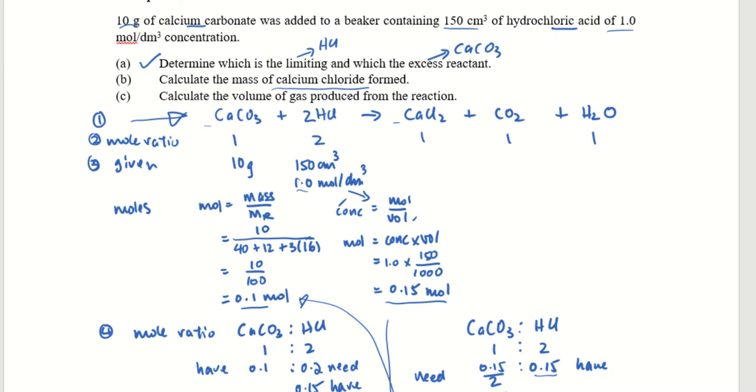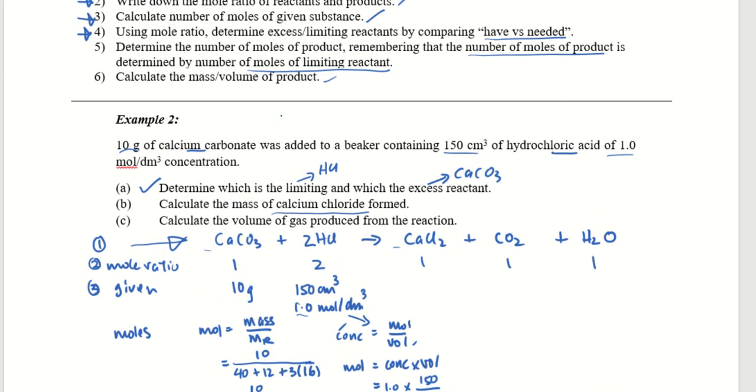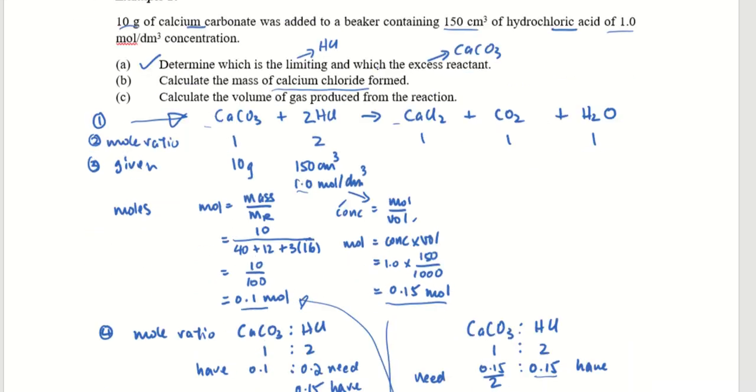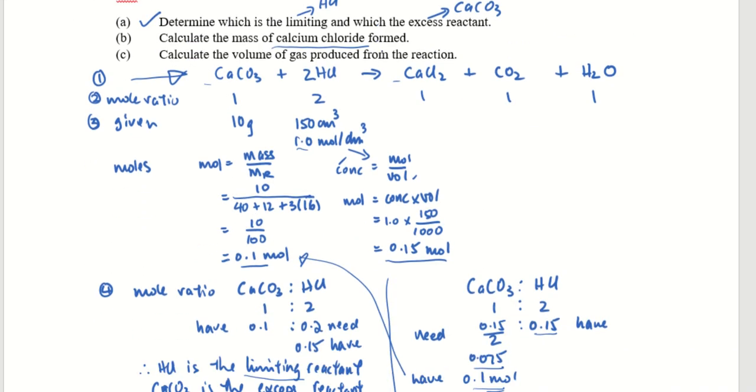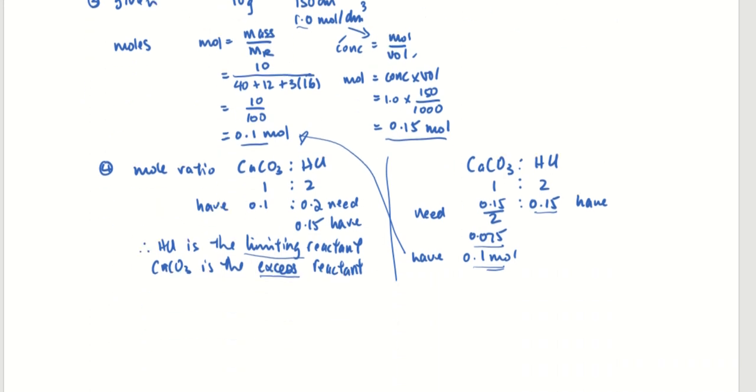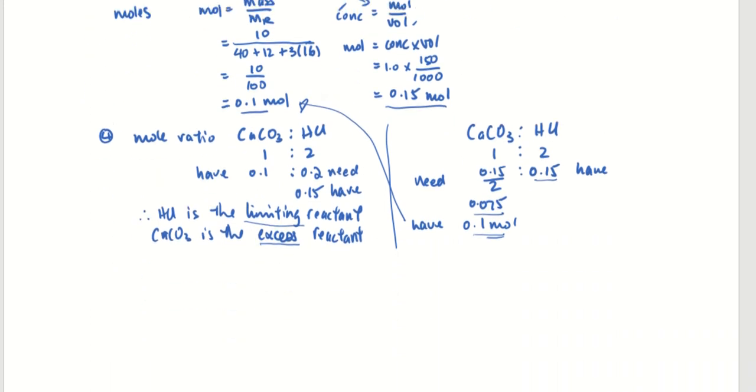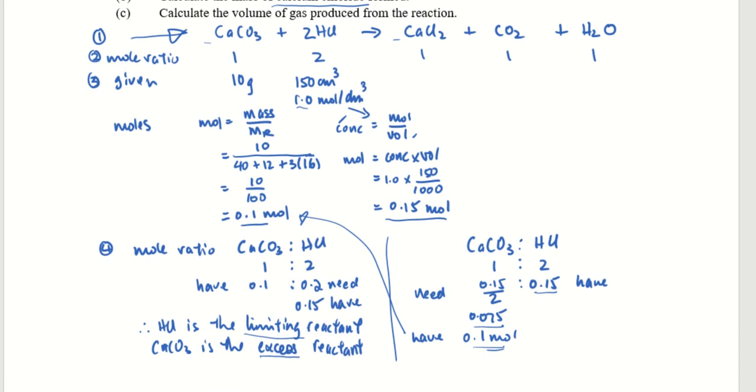Okay. So now that we have determined which is the excess and limiting, we remember that the number of moles of the product will depend on the number of moles of the limiting reactant. Now, since hydrochloric acid was the limiting reactant and all of the hydrochloric acid was used, we can now calculate the number of moles of calcium chloride formed using this relationship.